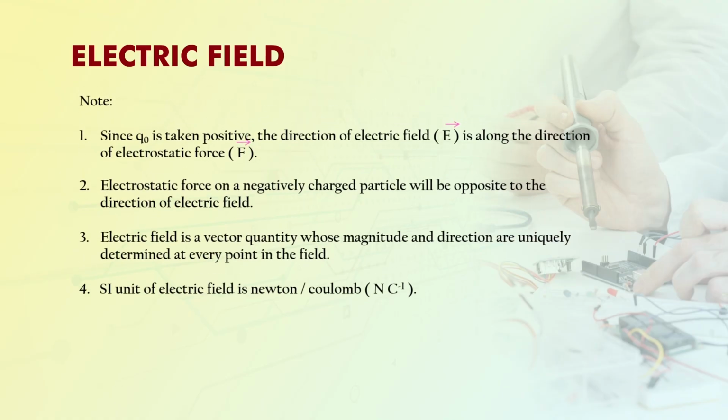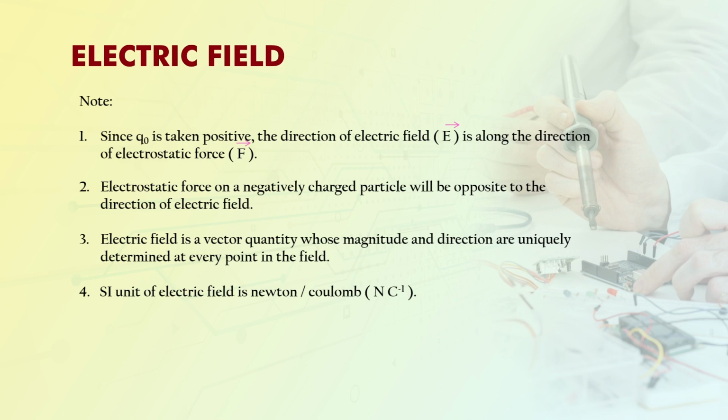Since Q0 is taken positive, the direction of electric field E is along the direction of electrostatic force. As Q0 is assumed to be positive, the direction of the electric field E is parallel to the direction of electrostatic force. The electrostatic force on a negatively charged particle will be directed in the opposite direction to the electric field.